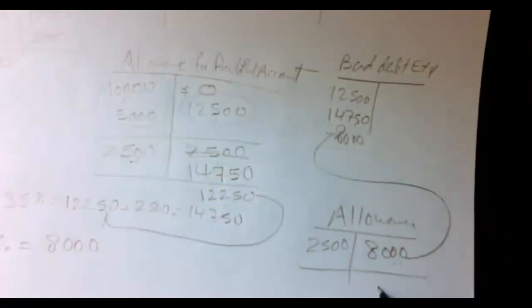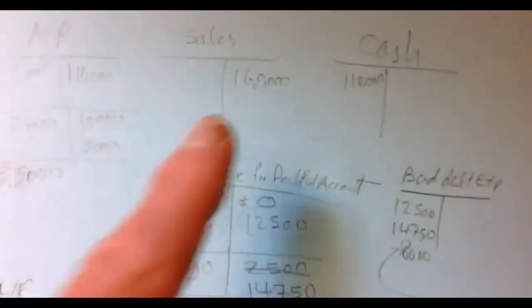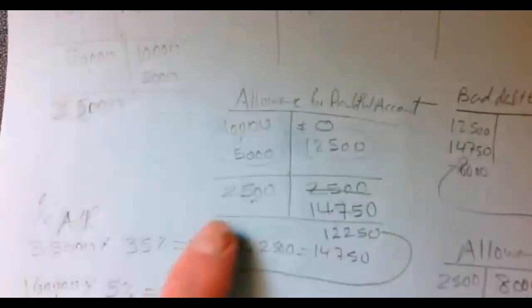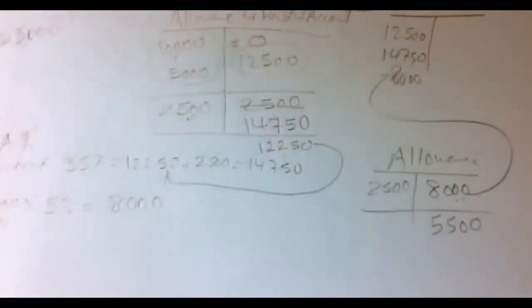And yes, my situation will end up being, let's say, 5,500, but I don't care. Because I use percentage of credit sales, and credit sales is a very large number compared to my accounts receivable, the existing balance in allowance will not be important anymore to consider. And that's how the answer will end up.